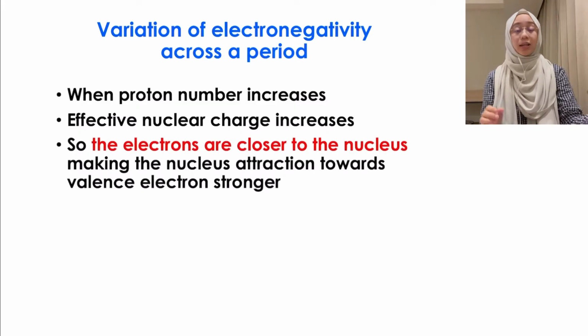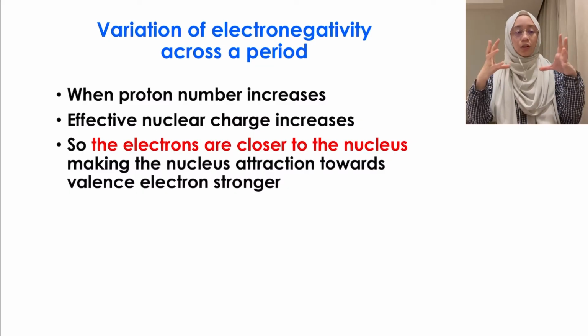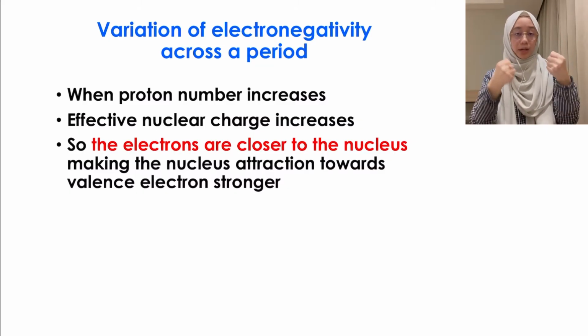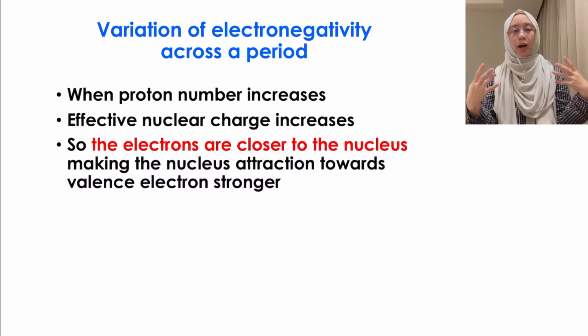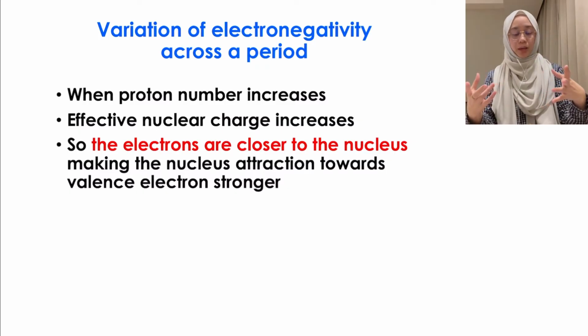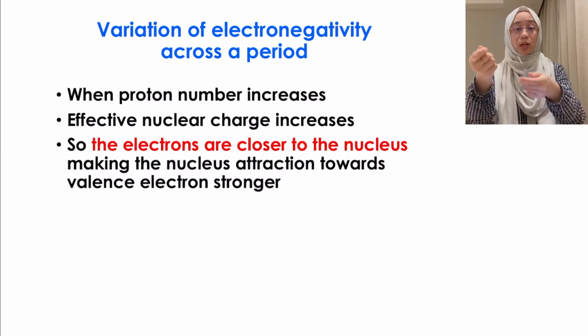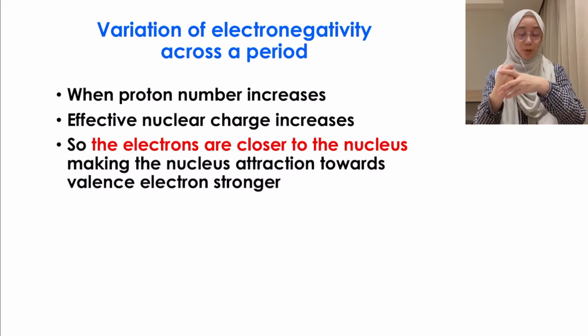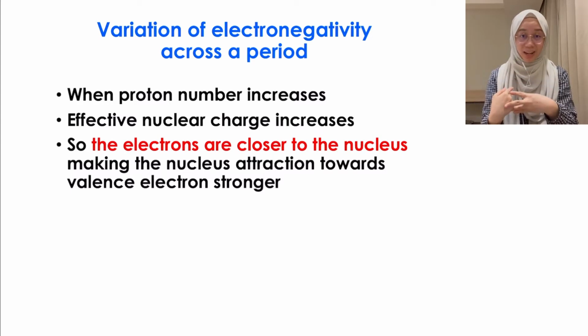The electrons are closer to the nucleus. So the electrons of the atom itself are strongly attracted to the nucleus. So when it shares with another atom, it has a tendency to attract the shared electrons towards itself too. That is the definition of electronegativity just now.